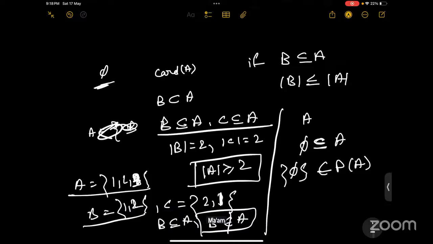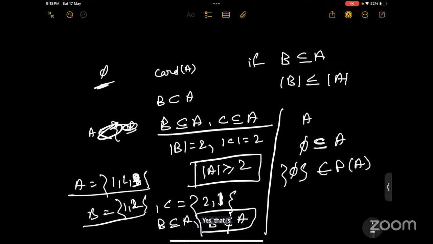Ma'am, can I just ask you a pretty silly question? Yeah, sure. So B, you're saying, is a subset of A. Yes. So shouldn't B also belong to A? No, never. Why? Because all the elements of A are what? No, if it is B, all the elements of B exist in A, right? Yes.